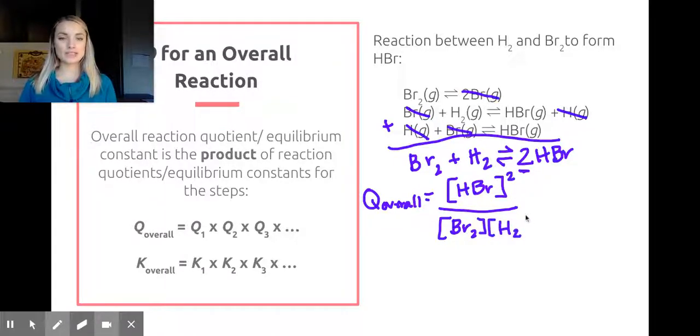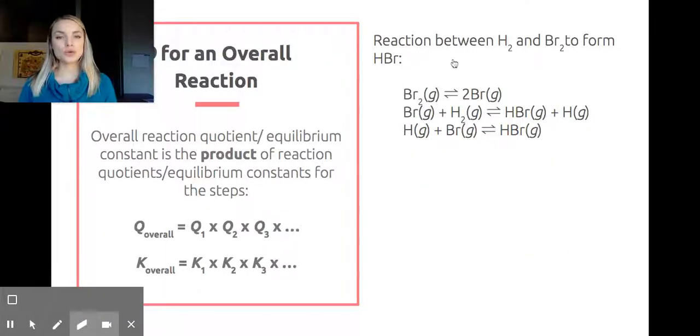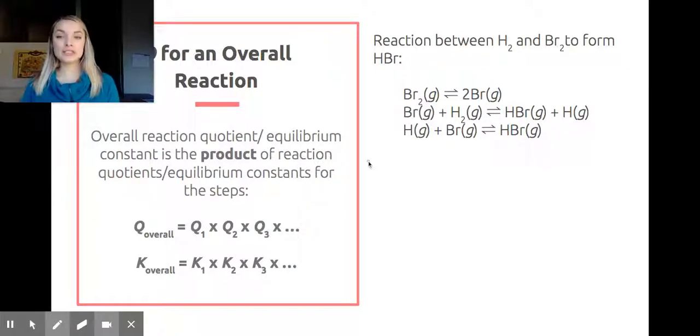However, in this instance, since they both have a coefficient of 1, our overall reaction quotient is going to look like this. So when I am writing my reaction quotient for each of the individual steps, I'm going to need to keep track of those so that I can combine them all together to show that they are equal to the Q overall.